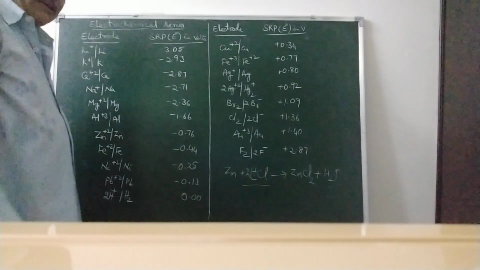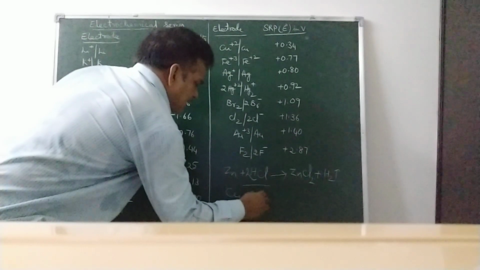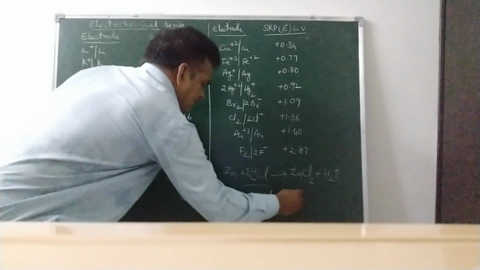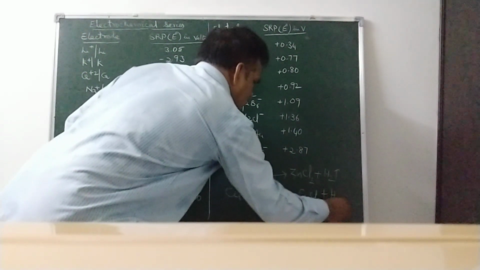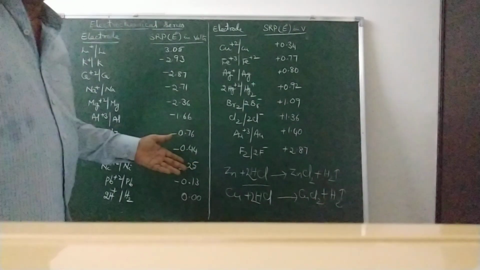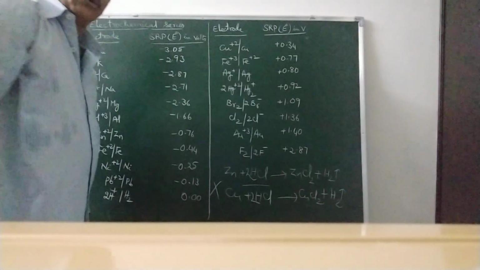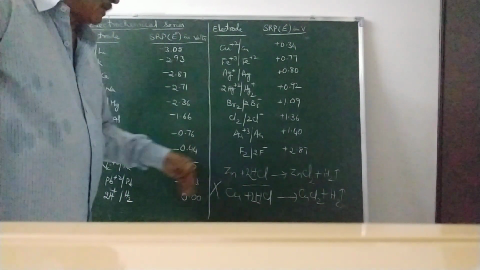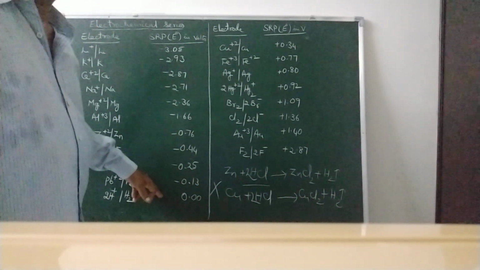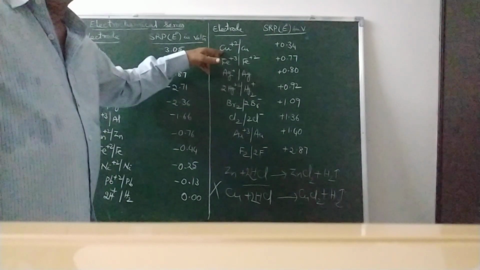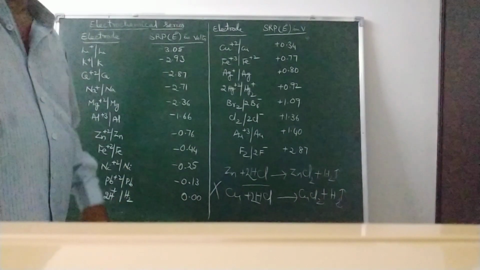We never saw copper displace hydrogen from acids. Cu plus 2HCl gives CuCl2 plus H2. Of course, this is a balanced equation and seems like it should happen, but it does not happen. So copper cannot displace hydrogen from acids because it lies below the hydrogen electrode, or it has a higher SRP value when compared with hydrogen.